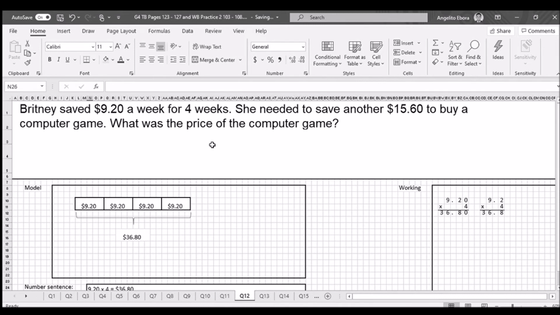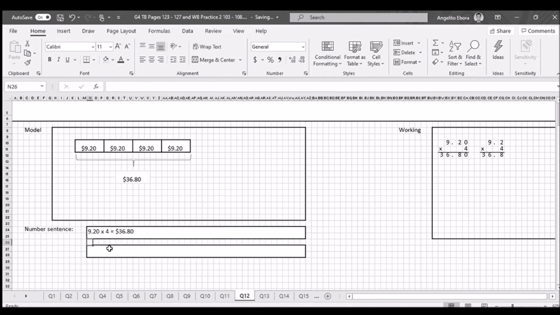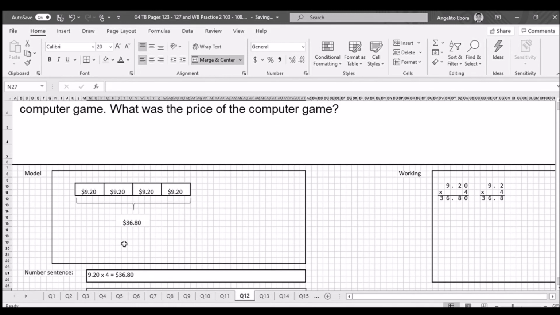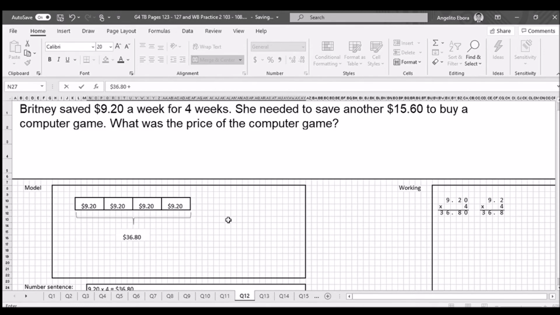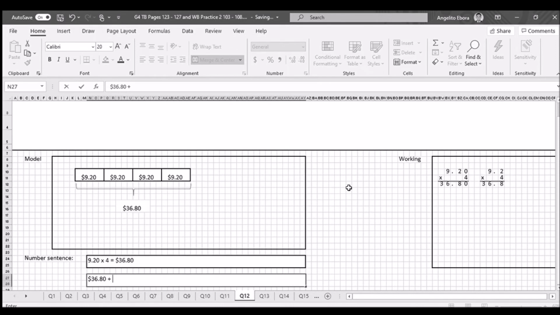Okay, so for the computer game, we just have to add that number. $36.80 plus, this is the amount that she saved in 4 weeks, and then the amount that she will save, okay, $15.60.